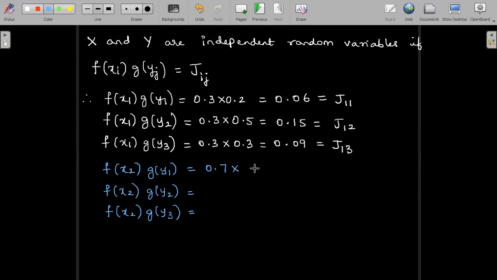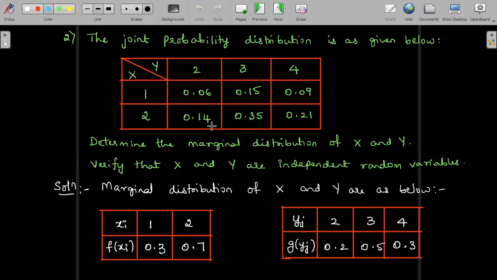Now 0.7 is multiplied with 0.2 in the first case, 0.7 is multiplied with 0.5, and lastly 0.7 is multiplied with 0.3. When we take the products, 0.7 into 0.2 is 0.14, and we observe this is equal to j21, second row, first value, 0.14.